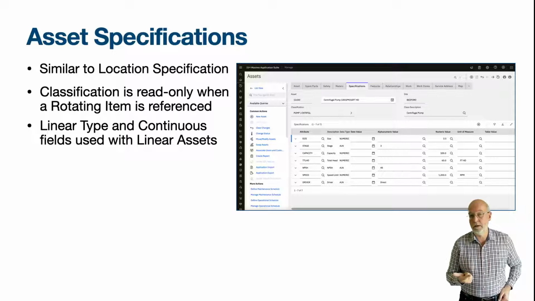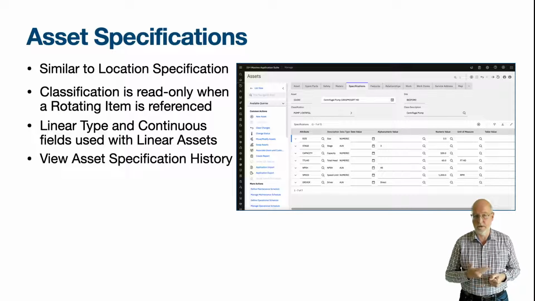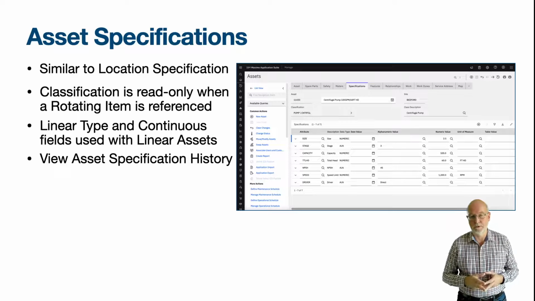If you were looking at a linear asset, then the details area would have several fields in a section called linear segment details, which allows you to position the attribute values over a segment or a point on the linear asset. And the third difference is that with an asset, you get a history of attribute changes in the View Asset Specification History action. There is, unfortunately, no similar action for a location specification.